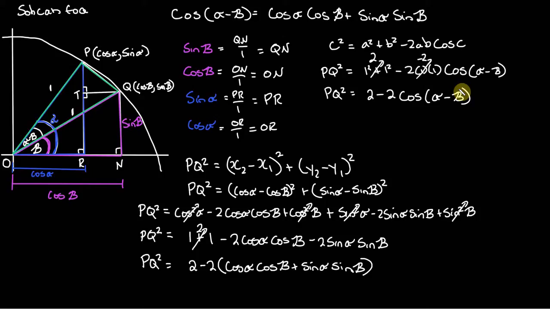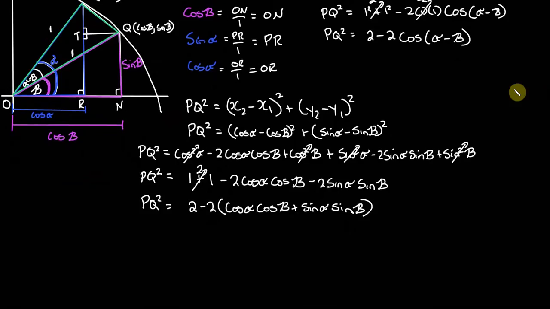And in comparing these 2 results, what we end up with is our direct exact expression, actually, isn't it? If PQ squared equals this and PQ squared equals this, well, we can set them equal to each other, we can compare the results.